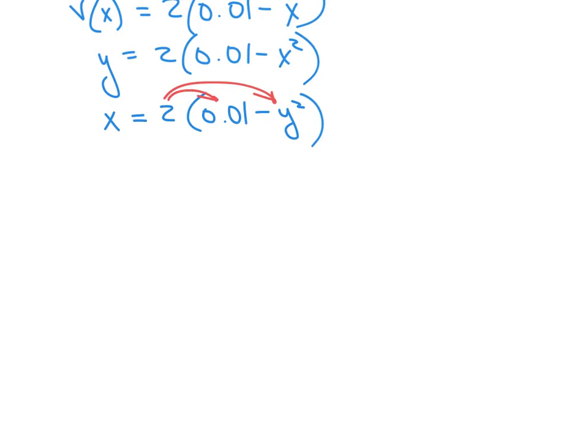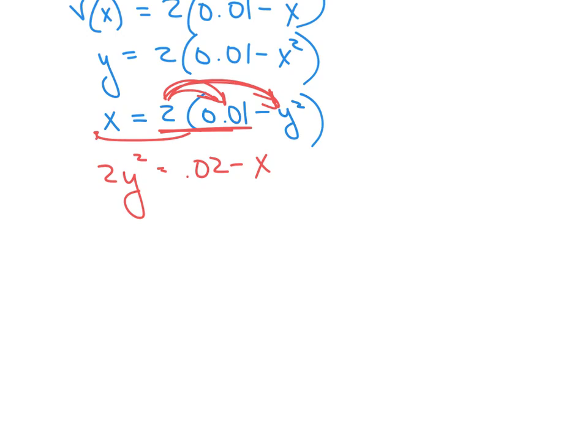Well, let's just do it. 2y squared equals 0.02 minus x, because I multiplied that times that times that. Move this value, 0.02, with the x over here.